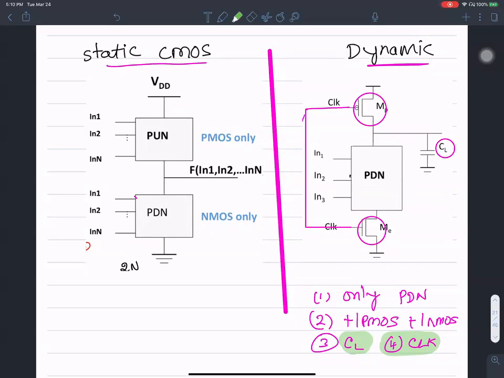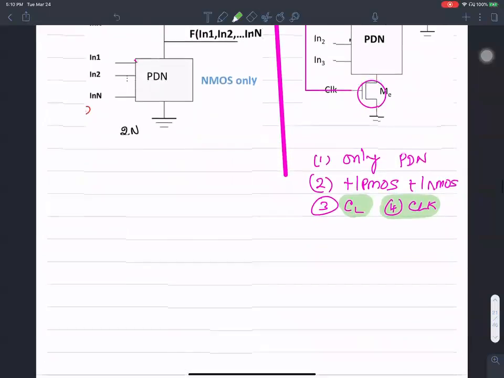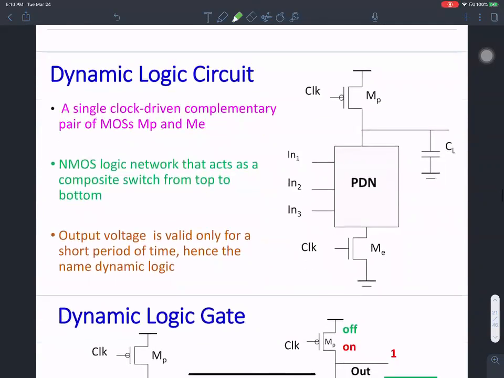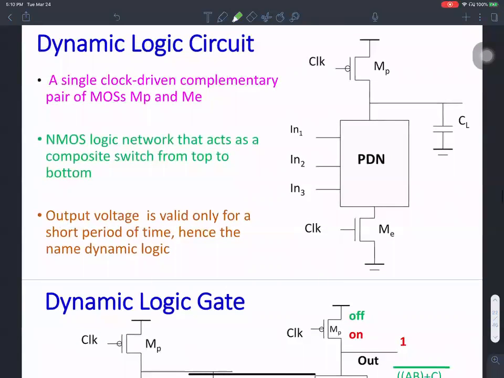So that's the dynamic logic circuit. A single clock is driving a complementary pair of PMOS and NMOS. This one is also called the foot transistor. The NMOS logic network acts as a composite switch.